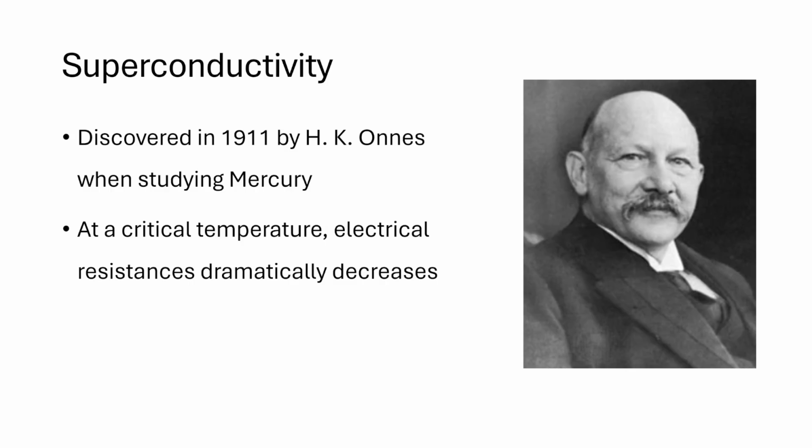I think he found it falling to like 10 to the minus 4 or minus 5, but that's unimportant. Basically, all of a sudden, resistance goes away, and electrons move around, and it's cool. But we didn't know how it worked for a while.